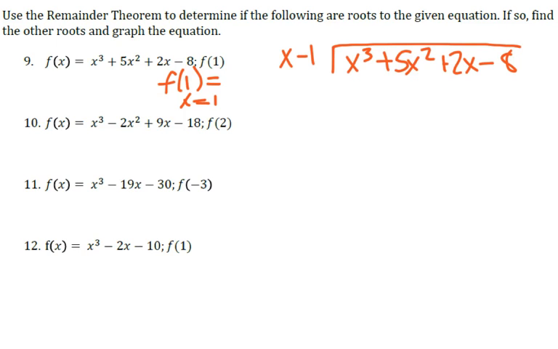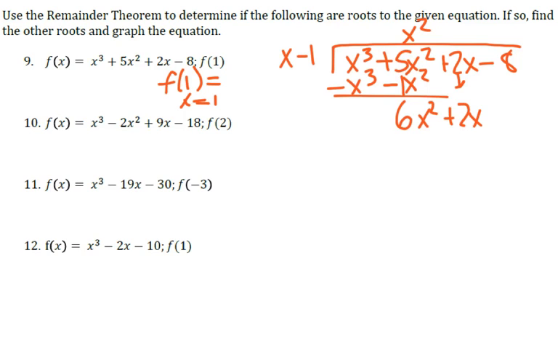If it's not 0, it's not a root. Okay, so to get x cubed, we go x squared times x gives us x cubed, x squared times negative 1, negative x squared. Minus that, 5 minus a negative 1 gives us 6x squared. Bring down the 2x.